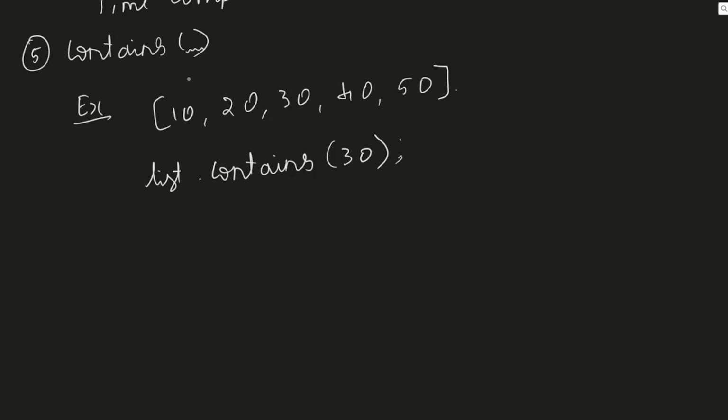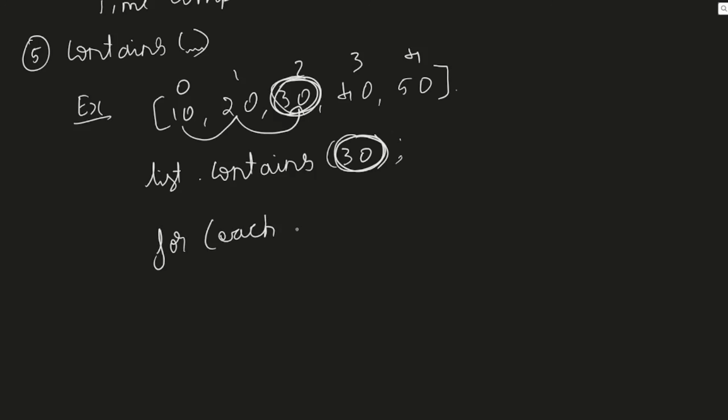What it does is, it will again start from the index 0. It will just do linear search of all the elements and checks whether the input element is equal to the iterating element. That's it. Internally, what happens is for each element, compare input with this element.